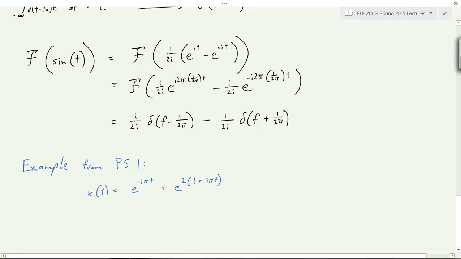And you were asked, what is the period? Give us the Fourier series coefficients. Fourier series would be the natural thing to do here because it is periodic.